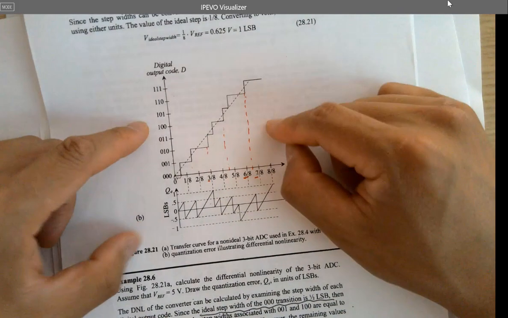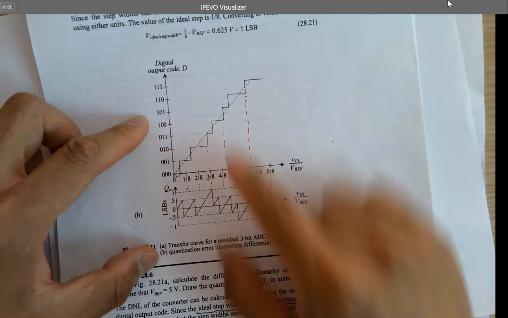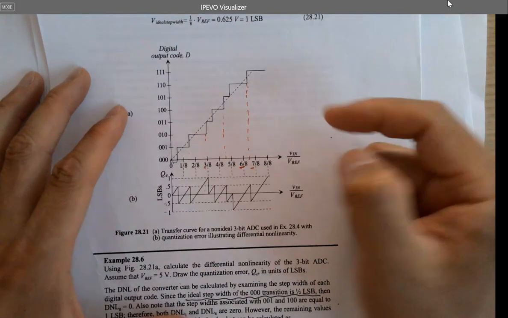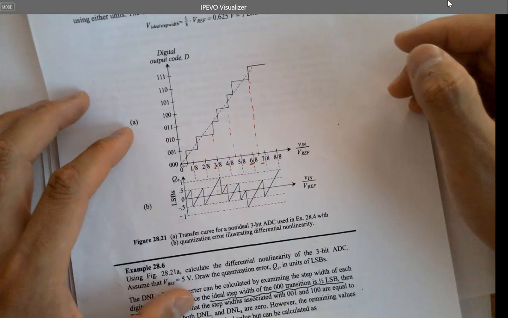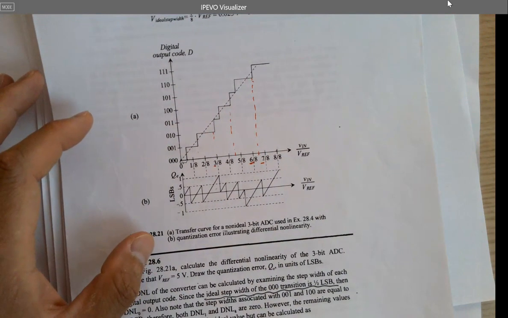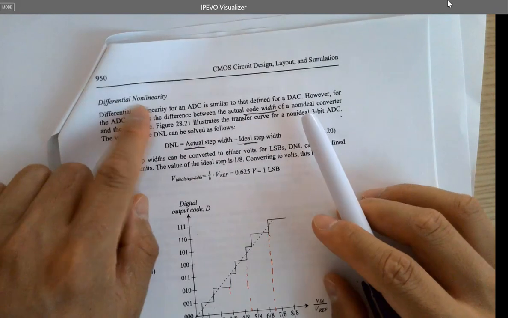So for the first curve, we're going to try to find out the DNLs first. The way to find it is similar to the DACs, the differential nonlinearity, DNL.